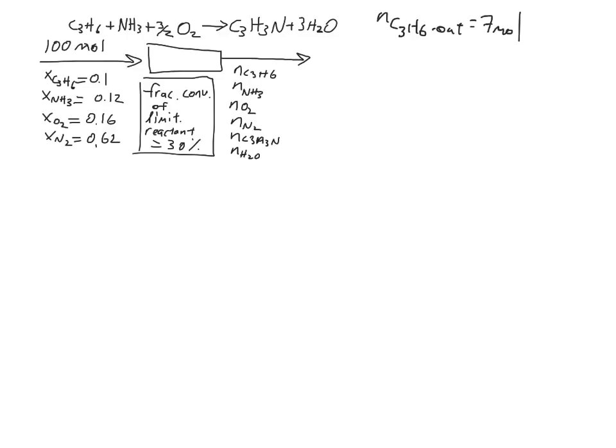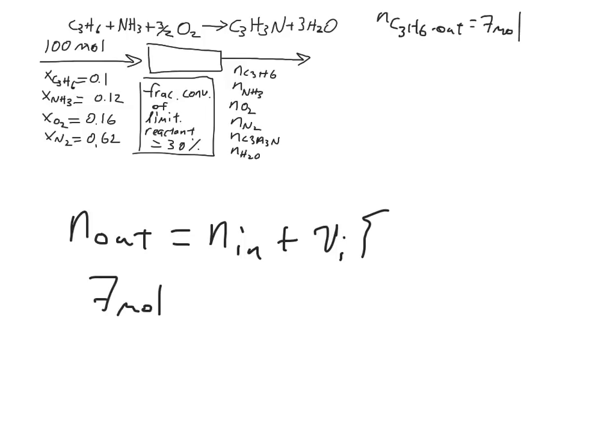So the equation we want to use to find out our extent is N out is equal to N in plus the stoichiometric coefficient multiplied by the extent. So we have all the information here about C3H6. The amount leaving is 7 moles. That's what we just calculated.